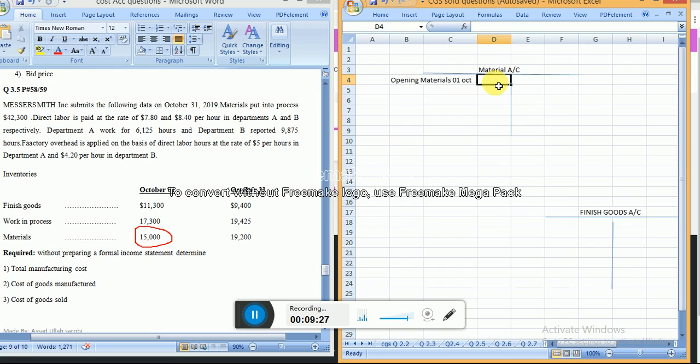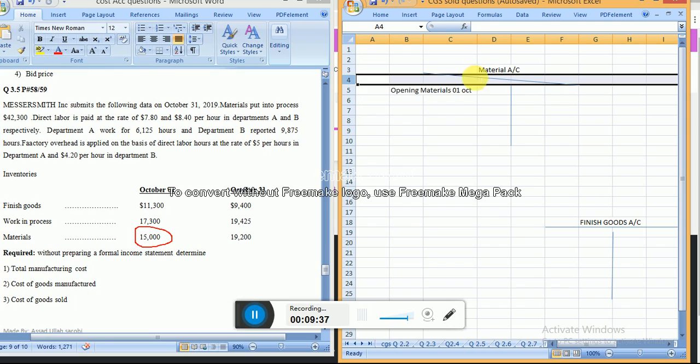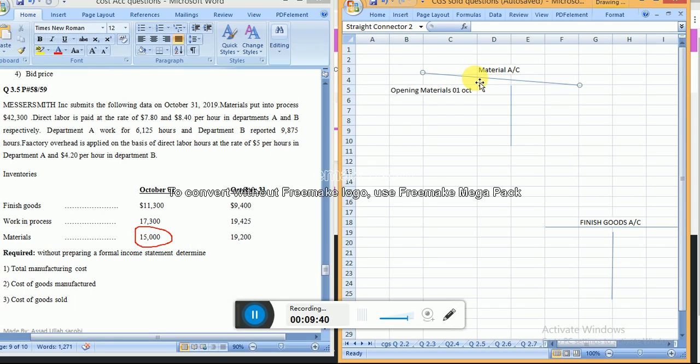So I record it on the debit side. How much? 15,000 material which comes from the previous month.